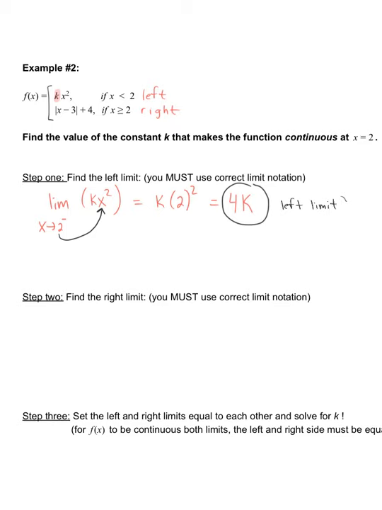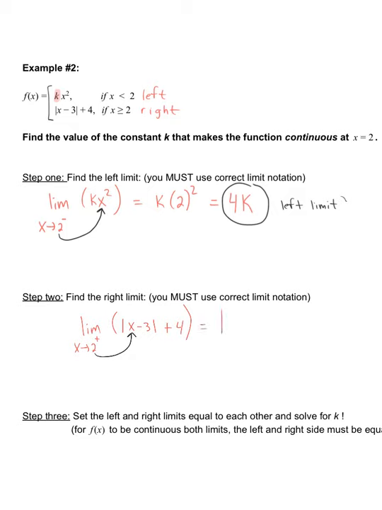Okay, the second step. Now we find the right limit. And again, correct calculus notation. The limit as x approaches 2 with a little plus sign, we use our right function, so the absolute value of x minus 3 plus 4. Now we have a limit problem. We can do direct substitution. We can plug that 2 right in for x. So it looks like this.